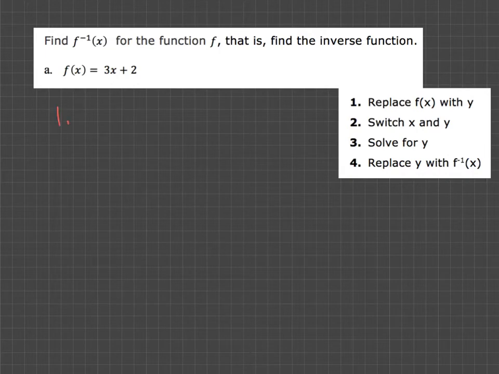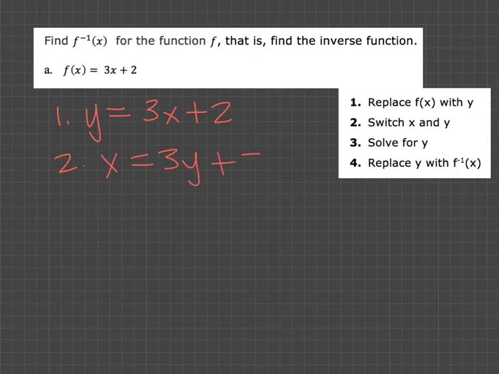The first step is just a notation change. We're going to rewrite, instead of f of x, we use y. Second step, we're going to switch the x and y. Third step is to solve for y.